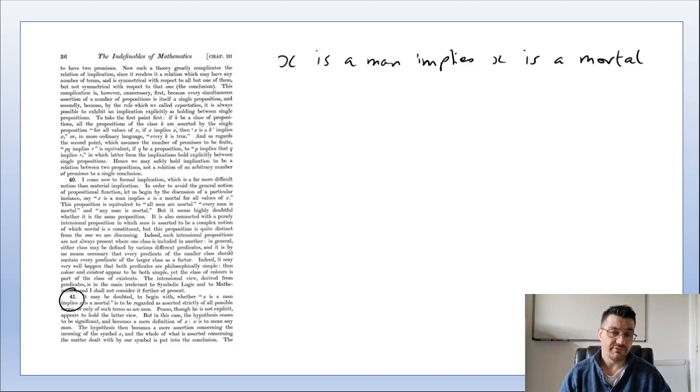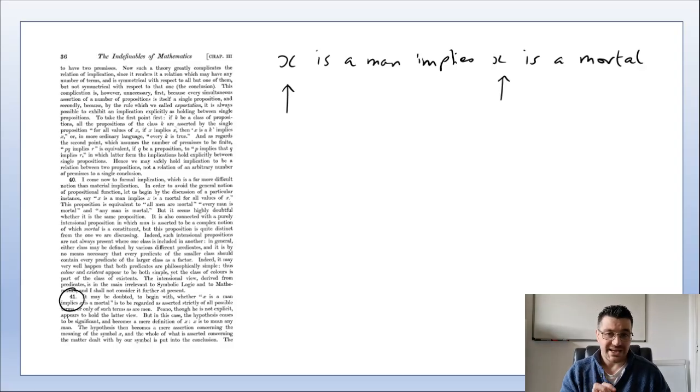Now, we've got a variable here with a propositional function. In fact, we've got two occurrences of it, two instances of our variable X. So they correspond. If we replace one of these variables with a particular fixed term, we need to replace the other one as well with the same fixed term. But for this to be a formal implication, we have to have that X has a totally unrestricted range.